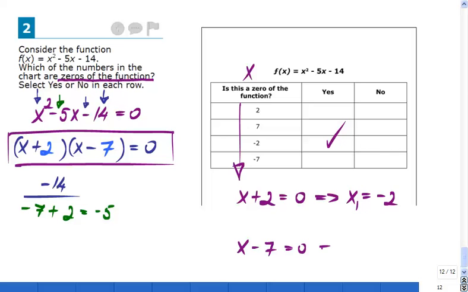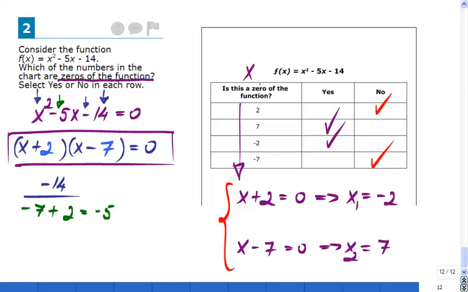And if you solve the second one, you find your second root, x2, equals 7. Yes, that's a solution. And everything else is not. Okay? And I hope you understand why and how my steps were performed in here.